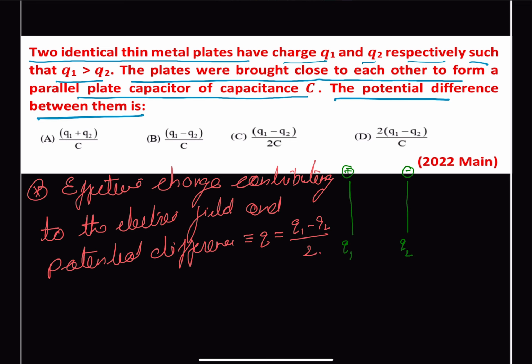Effectively the plate which is having a higher charge becomes positive and the lower charge effectively becomes negative.